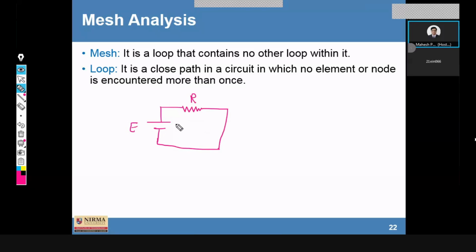If we assume the direction of current flowing I1 in this case, then the potential drop across this resistor, where the direction is like this, lets us identify the polarities of the terminals, plus and minus, because it is a fall in voltage.